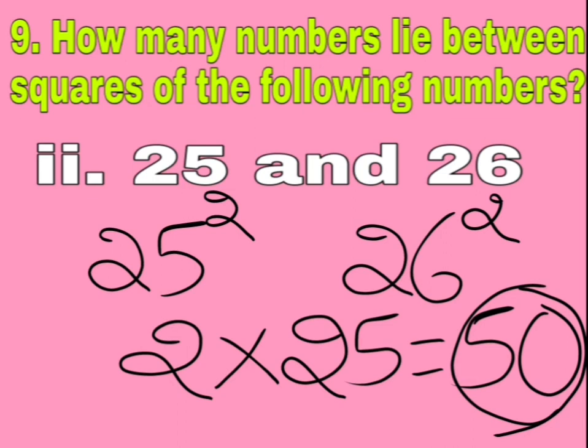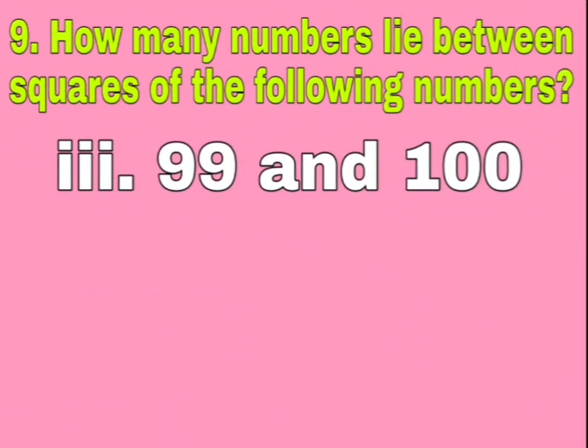If you count the numbers, how much time will it take? 50 numbers you have to count and 50 numbers you have to write, isn't it? But if you remember the pattern, within a second we can write down our answer. How easy that is.